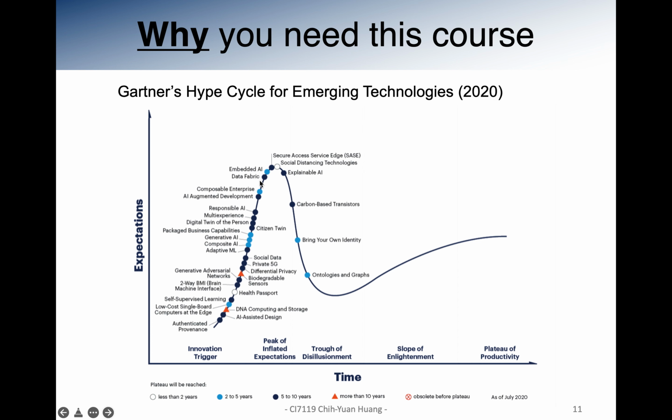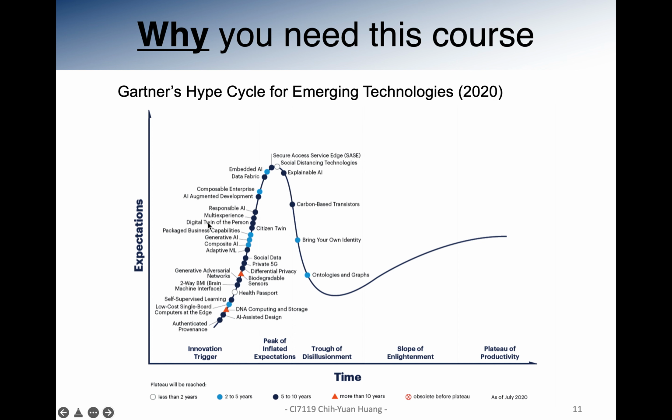And data fabric is, I believe, about the cyber infrastructure of the data hub. And there are other things, for example the digital twin of a person. So how to monitor the bio signals of a person, and then how to capture those signals for some analysis.